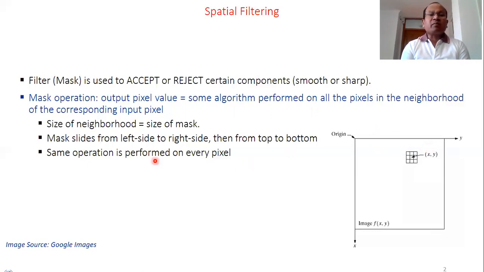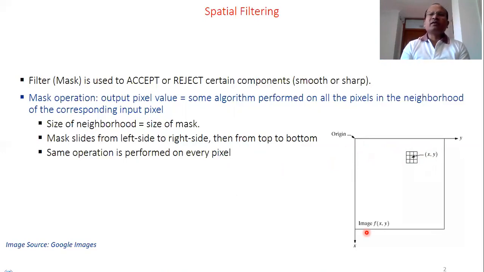The mask slides from left to right, and then from top to bottom. So how does that operator move? It moves from the left side to the right side, then comes back again from the left, goes left to right again, and the entire image is covered from top to bottom.